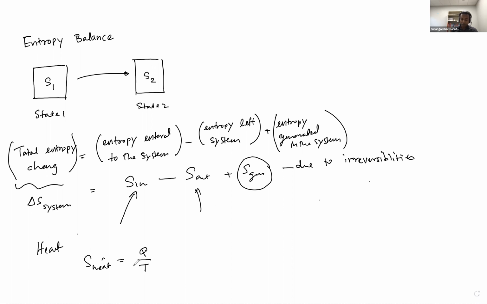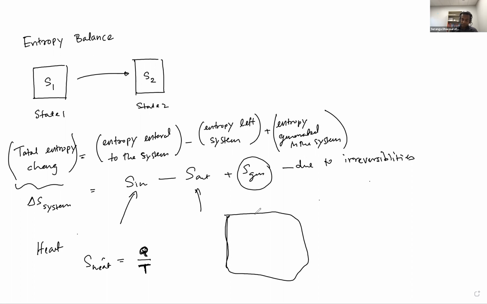Now T is the boundary temperature, and Q is the amount of heat transferred from that boundary, which is at T temperature. For example, let's take a fairly large system like this.